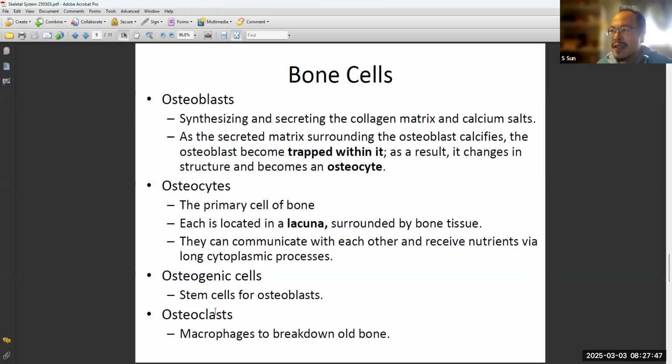We also have two other cells. One is called osteogenic cells. These are the stem cells for the osteoblasts. And osteoclasts are the macrophage-like cells that eat away the weakened parts of the bone.